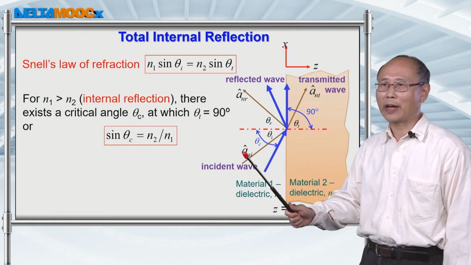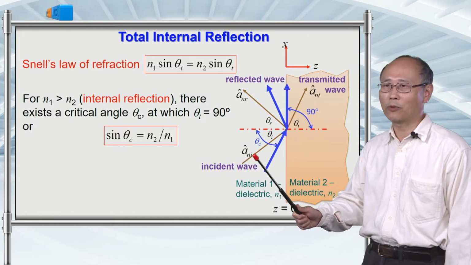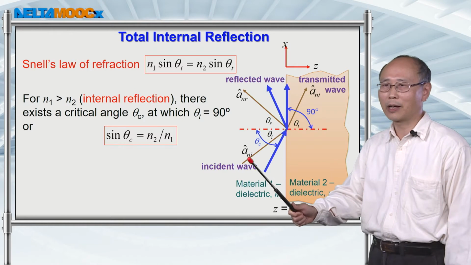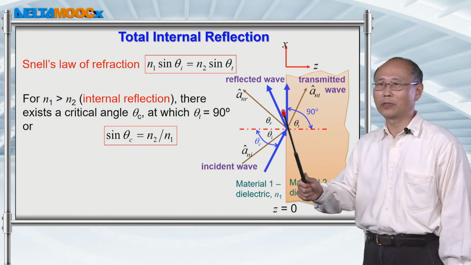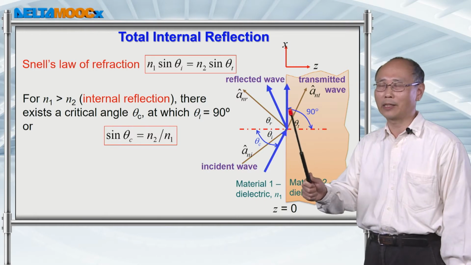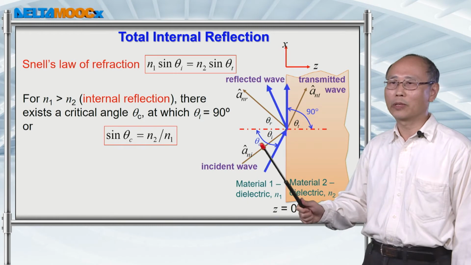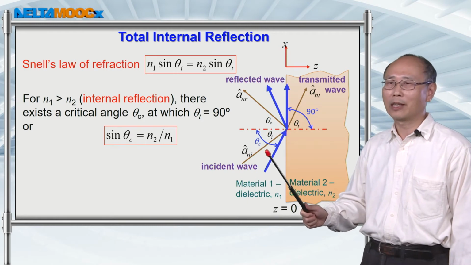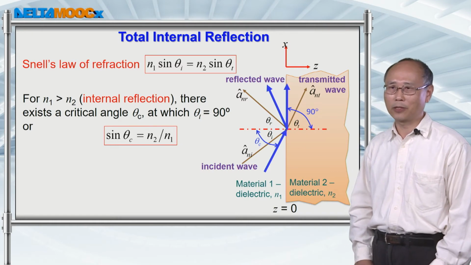So if I continue to increase the incident angle of this incident wave, say if I continue to increase to this angle, well, eventually this theta t will reach the point at 90 degrees. So at this point, this angle we call the critical angle, because now the wave cannot penetrate into the second material.